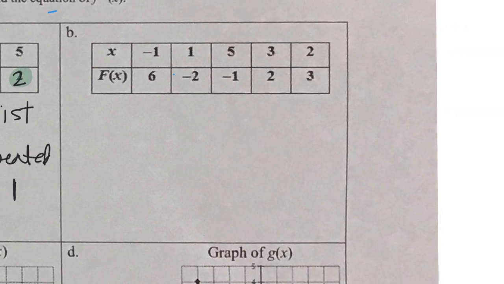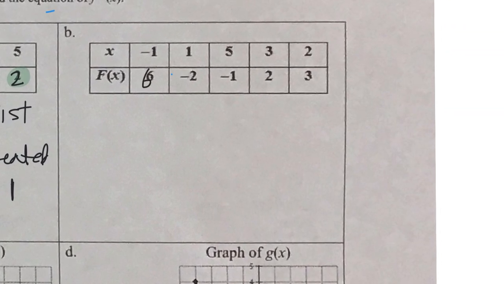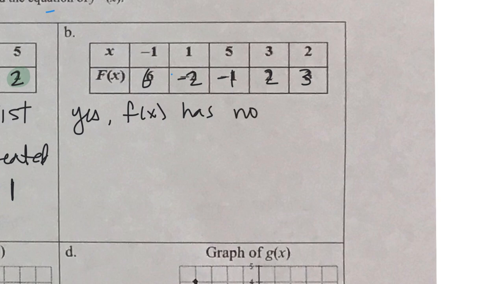Here's B, so I have to rewrite these. This is a 6 and a -2, a -1, a +2, and a 3. So, does an inverse exist? Yes, it does, because f of x has no repeated y values. All of your y values are unique.